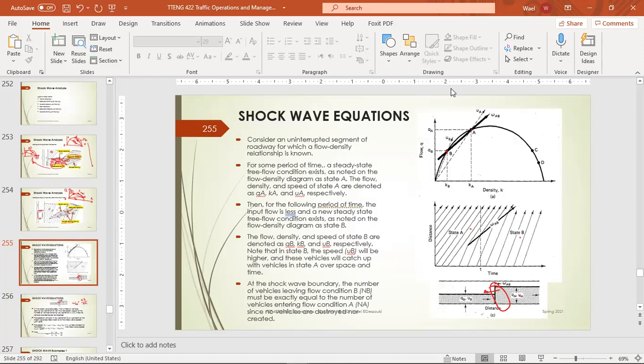Okay, now how do we calculate the speed of this wave? As we mentioned before, the speed of this wave can be determined simply if we have two states, like in this case.